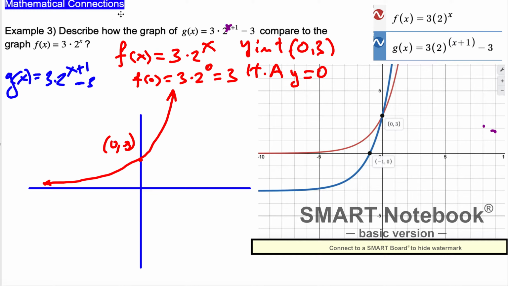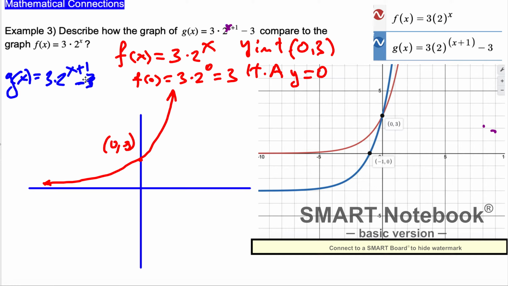If we look at this function g of x, we have x plus 1, which means this function is going to translate 1 unit to the left horizontally, and we have a vertical translation 3 units down.